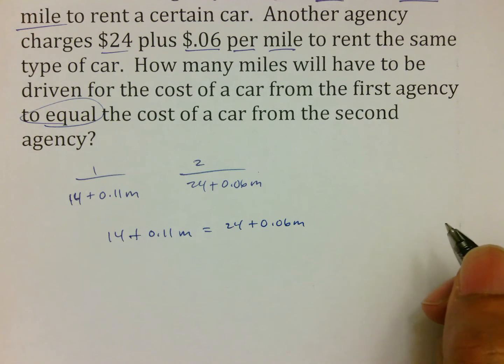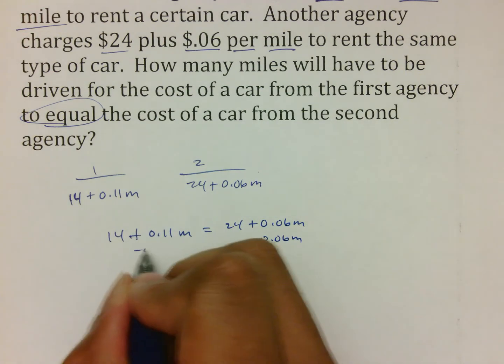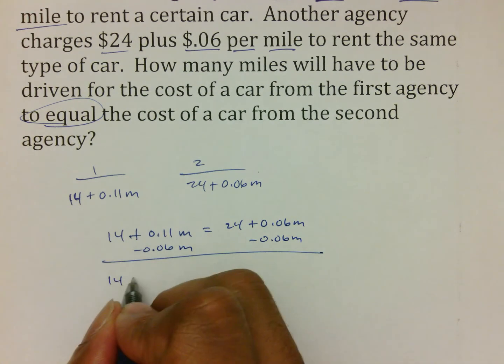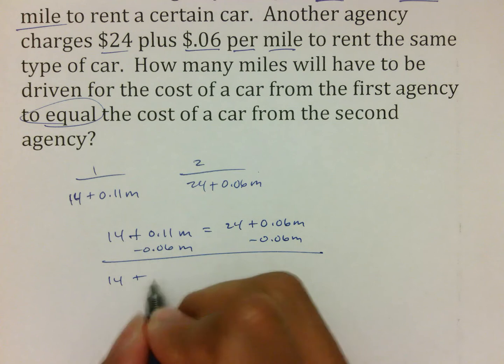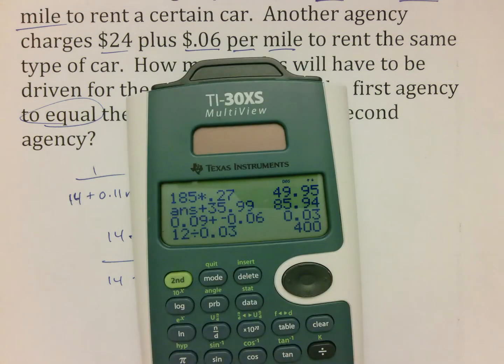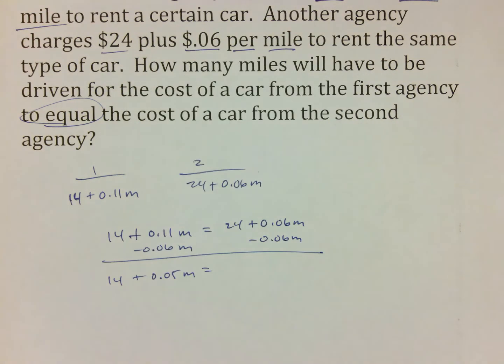From there, move the smaller M, which in this case is 0.06. 14 comes down. Difference between 11 cents and 6 cents is 0.05 M. Again, make sure you can do that, to see your number actually works.